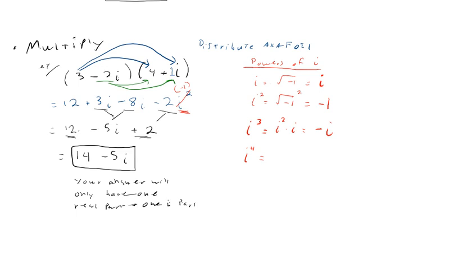It's an i squared times another i squared. And that's not the same as 2i squared, because 2i squared is i squared plus i squared. So we don't have that, right? We're not adding. It's i squared times another i squared.